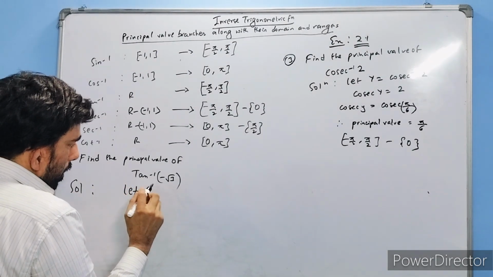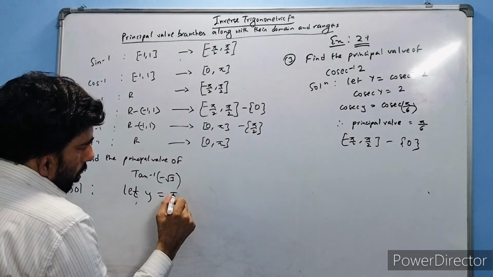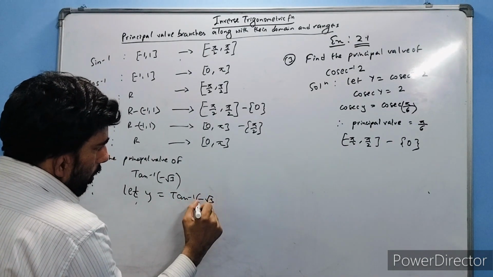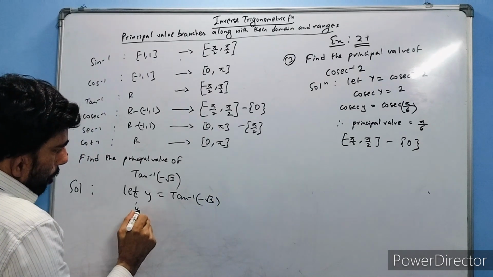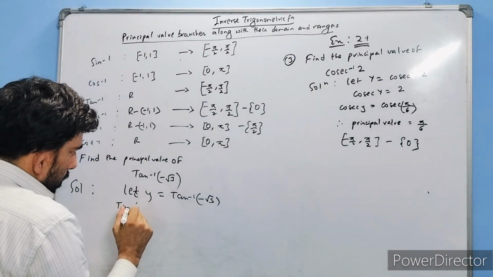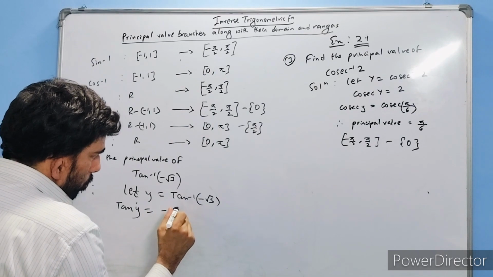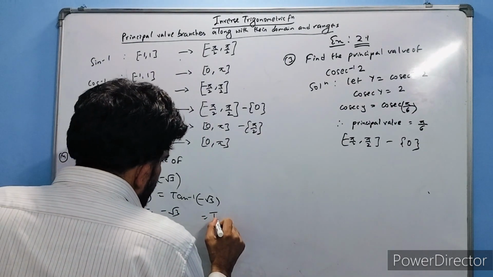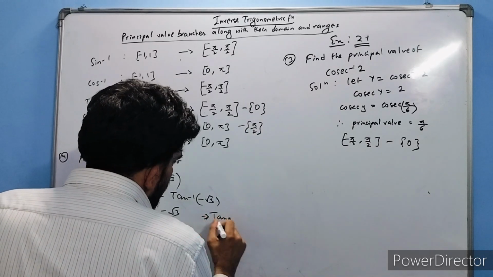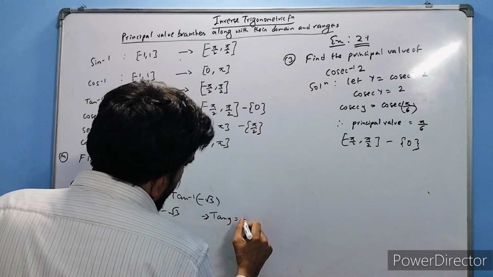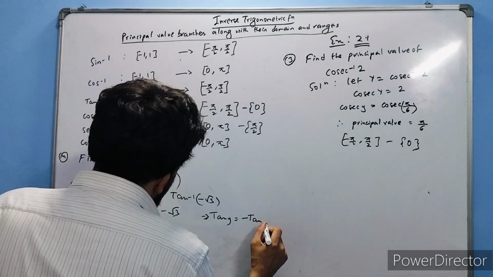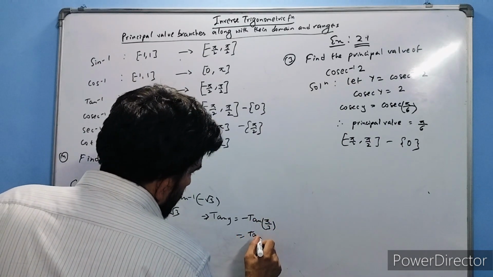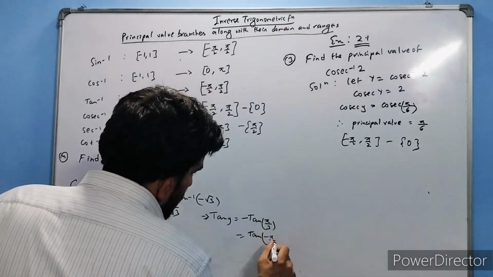Let y is equal to tan inverse minus root 3. We can say tan y is equal to minus root 3, or we can say tan y is equal to minus tan pi by 3, or we can say minus pi upon 3.